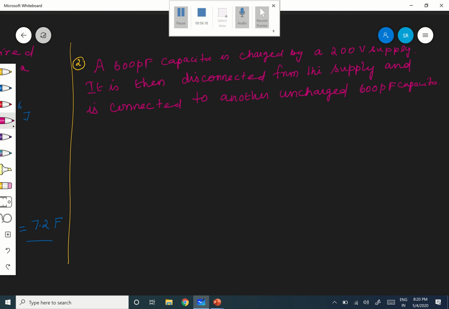Okay, now what is to be done? Now we have to find out how much electrostatic energy is lost in practice in this process.